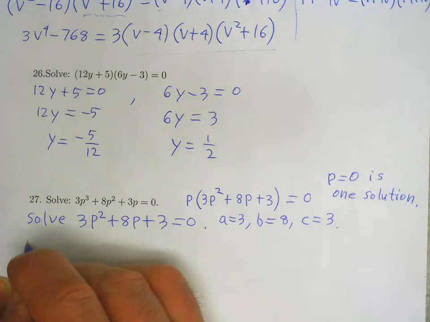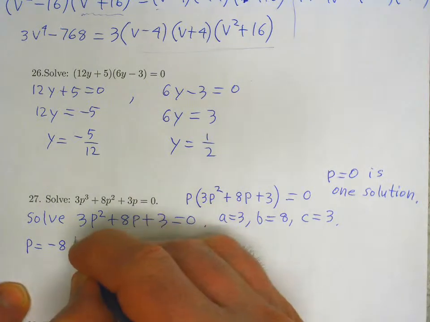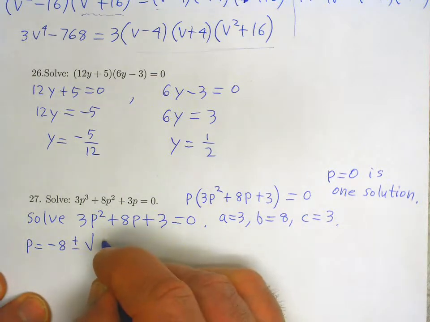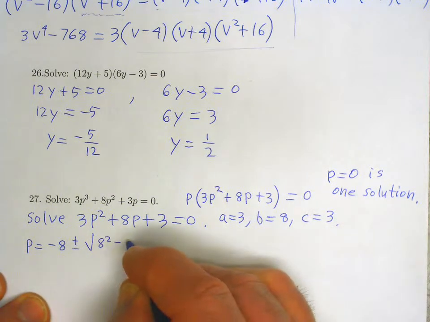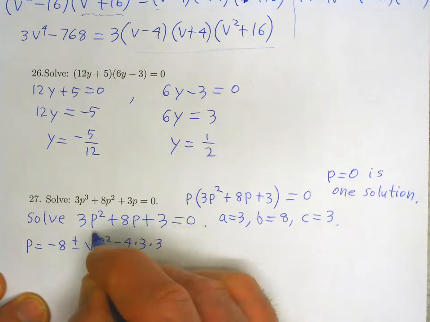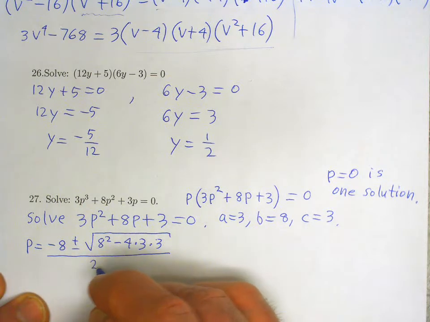Okay, so p is equal to negative 8 plus and minus the square root of 8 to the second minus 4 times 3 times 3, all divided by 2 times 3.